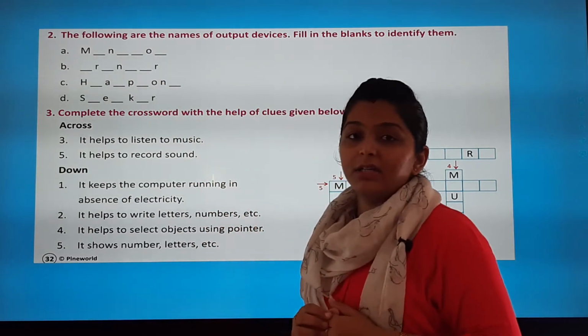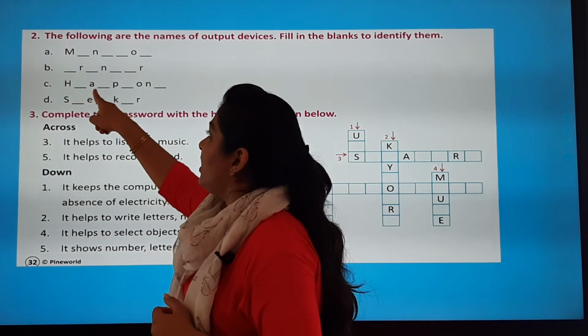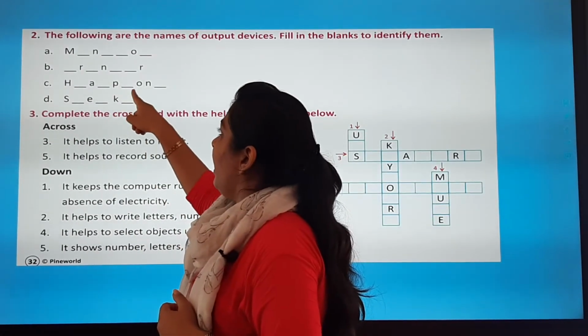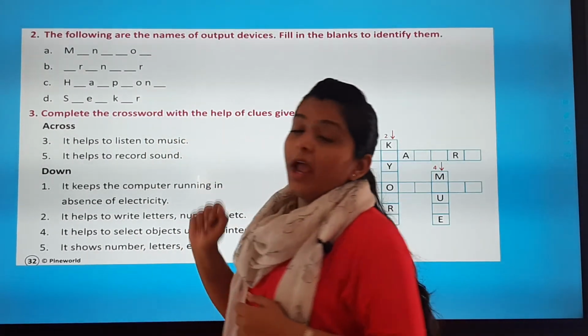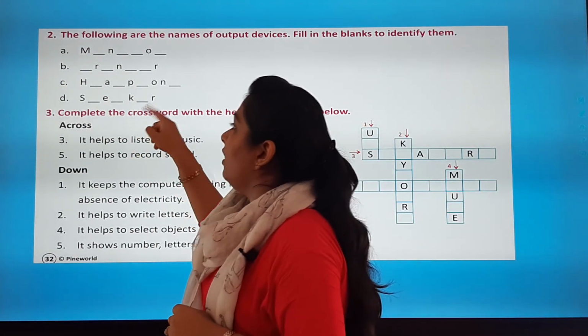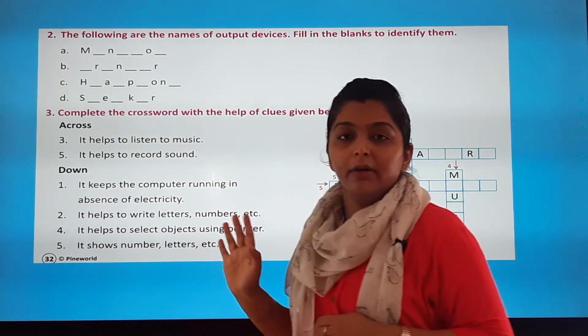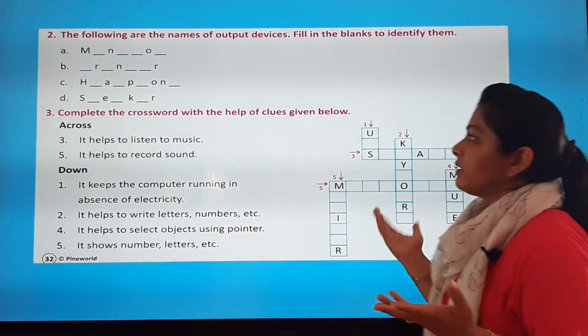P-R-I-N-T-E-R. Printer. The third one, headphones. H-E-A-D-P-H-O-N-E. Headphone. The last one, speaker. S-P-E-A-K-E-R. Clear?